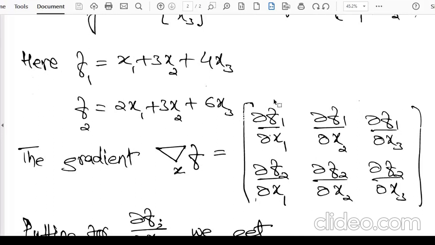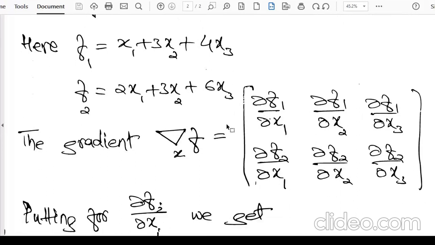Otherwise, if you look at the first column, it is primarily the vector derivative of the function with respect to x1, and the second column of this Jacobian is the vector derivative of the function with respect to x2, and the third column is the vector derivative of the function with respect to x3.